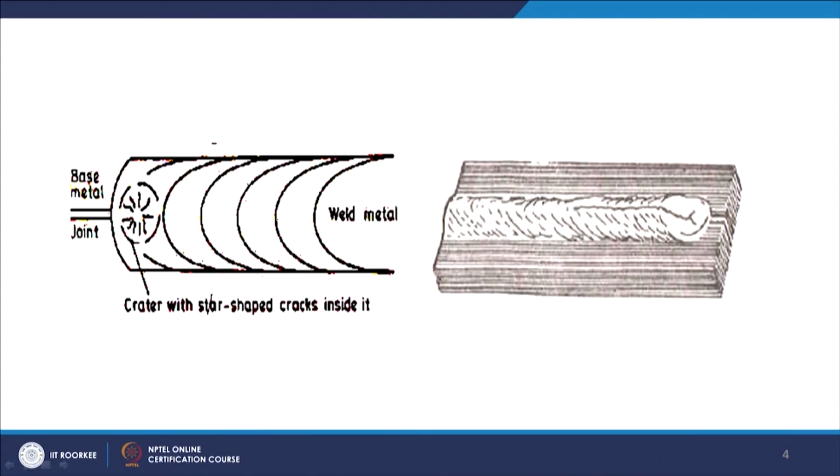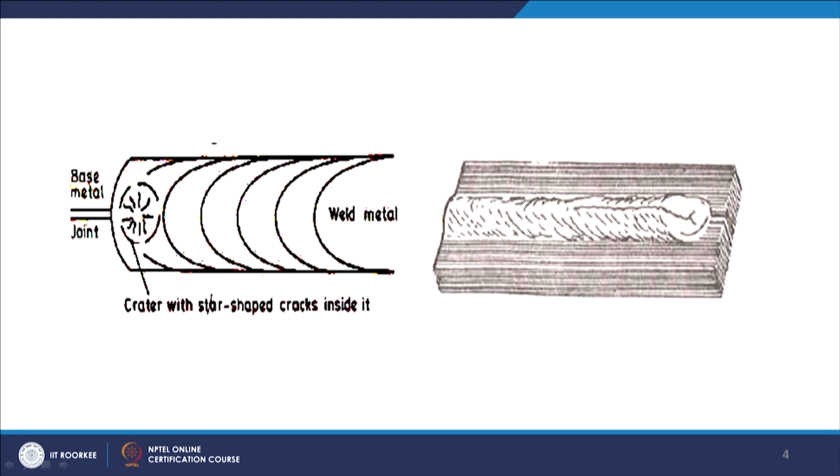They are the starting points for the longitudinal cracks, which move from here towards the end. So that is your end crack. This crater crack will extend into the weld metal, and this becomes a longitudinal crack. That is what this figure shows.